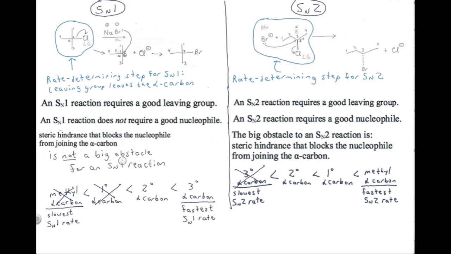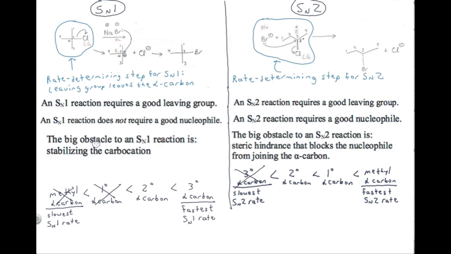So what should we say is the big obstacle? What is the big obstacle for an SN1 reaction? Well, the best way to put it is the big obstacle for an SN1 reaction is stabilizing the carbocation.